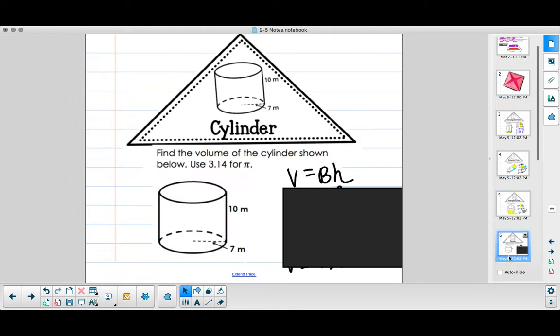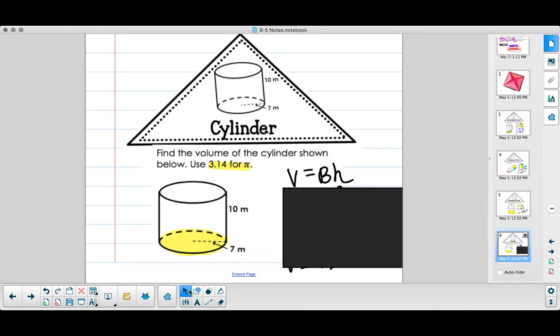Okay, so for a cylinder, again, it's the exact same process. You're going to find the area of the base. And in this case, the base is just a circle. So we hopefully remember from the beginning of this module, the area of a circle is just equal to pi r squared. Here, the radius is 7. It's telling us to use 3.14 for pi, so just make sure you follow the instructions.